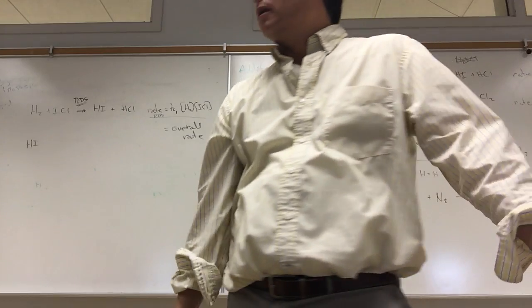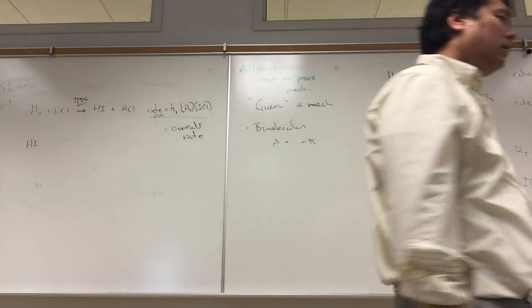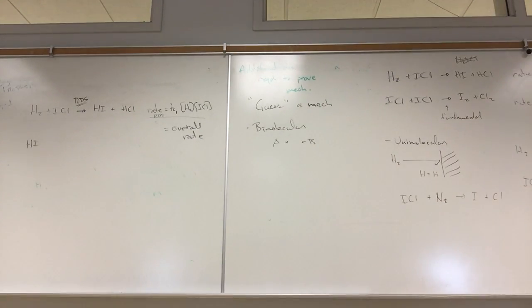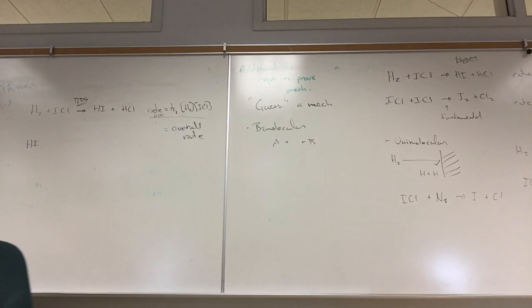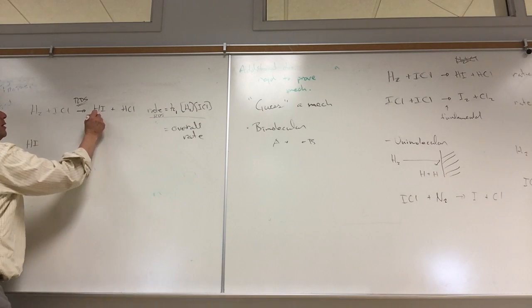But how do you know HI is an intermediate? Because when we look at the overall reaction, what are the products? I2 and 2HCl. There's no HI. And so we call this an intermediate product.